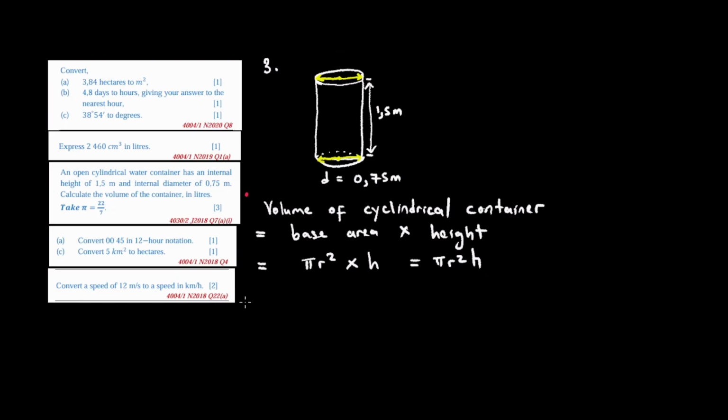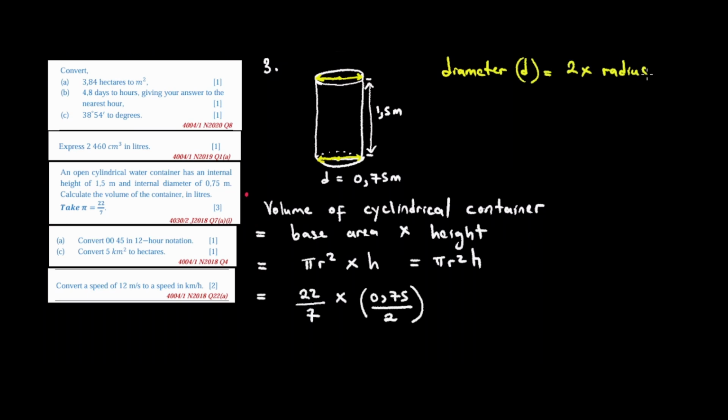Having known this, we now apply my dimensions. This is equal to pi, which we know is 22/7, times, the mistake you made, George, is that for the radius you used 0.75 when you should have used 0.75/2. Because the diameter d is equal to 2 times radius r.